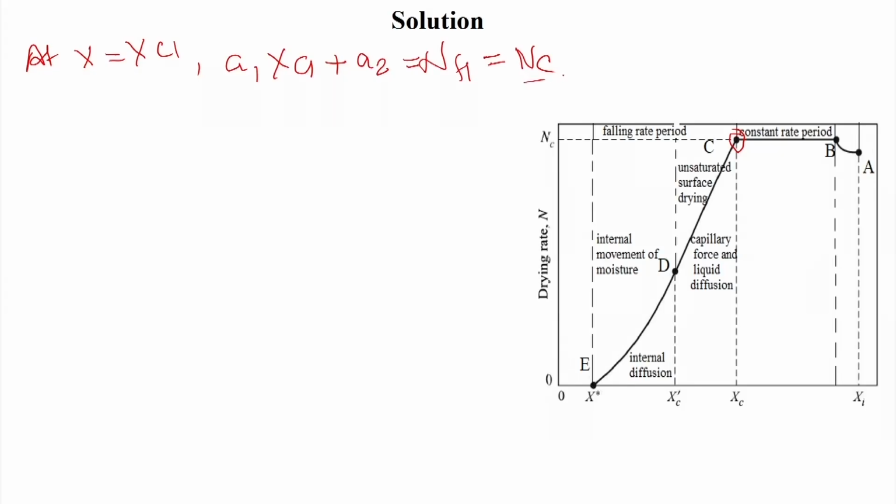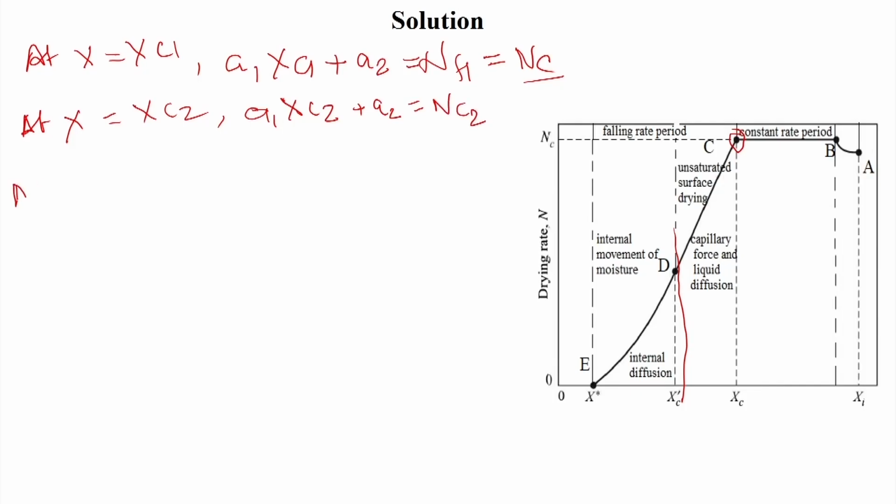At x equal to Xc2, A1 into Xc2 plus A2 is equal to NC2.